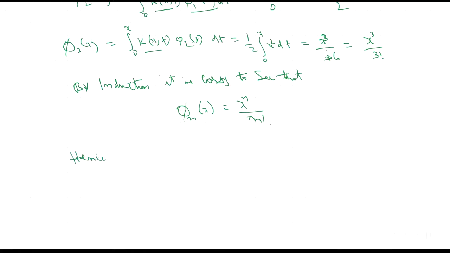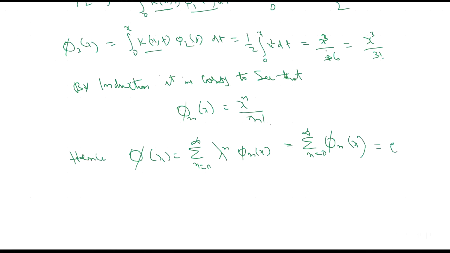phi of x equal to sigma n equal to 0 to infinity lambda power n phi n(x), that equal to sigma n equal to 0 to infinity x power n by n factorial, equal to e power x.